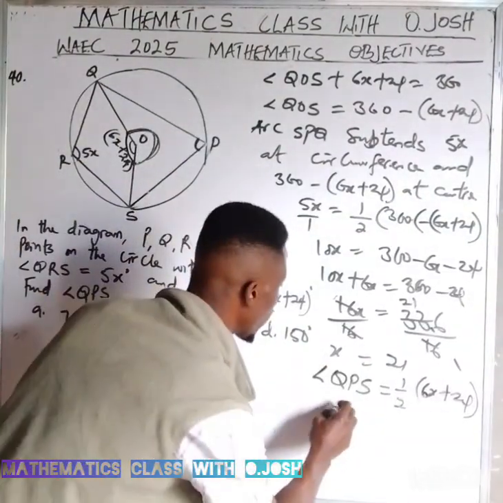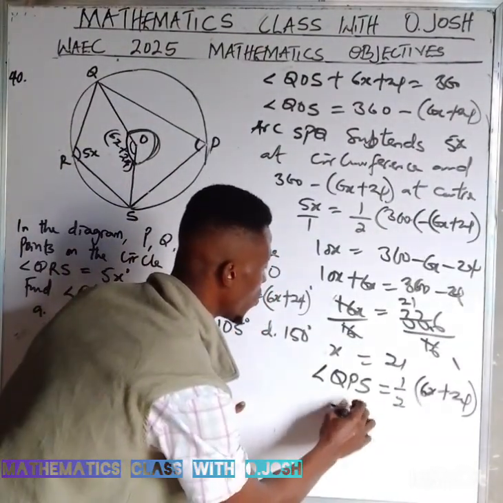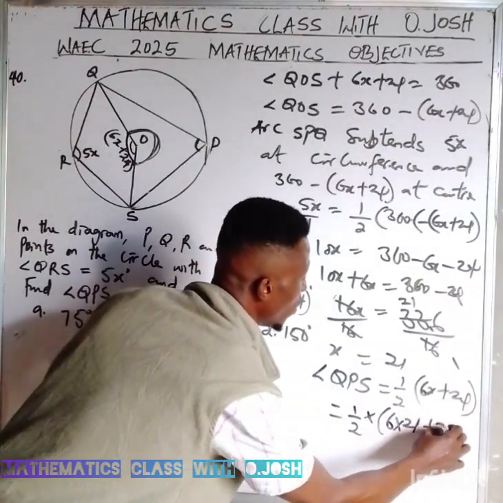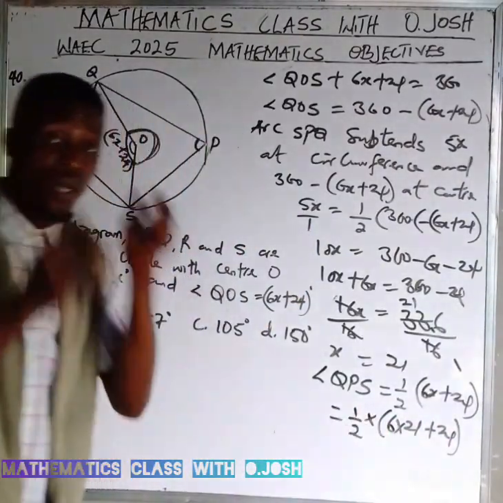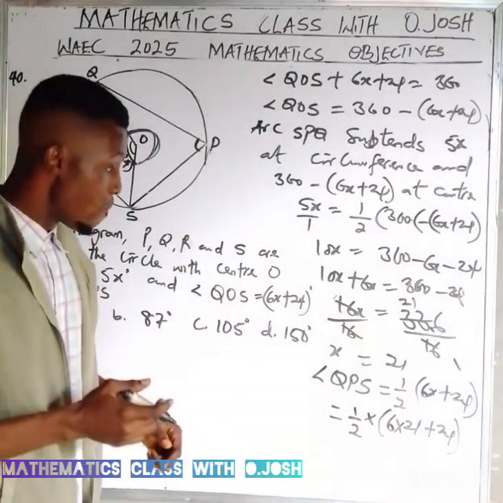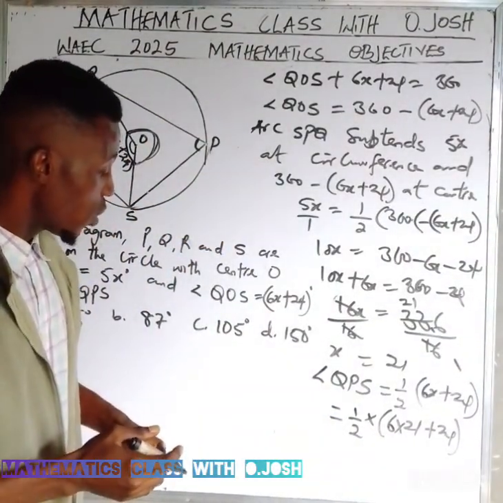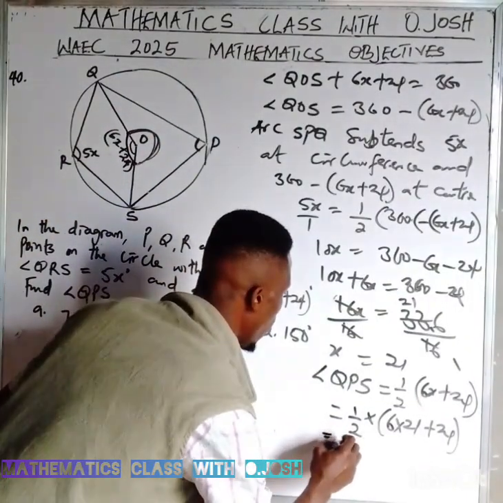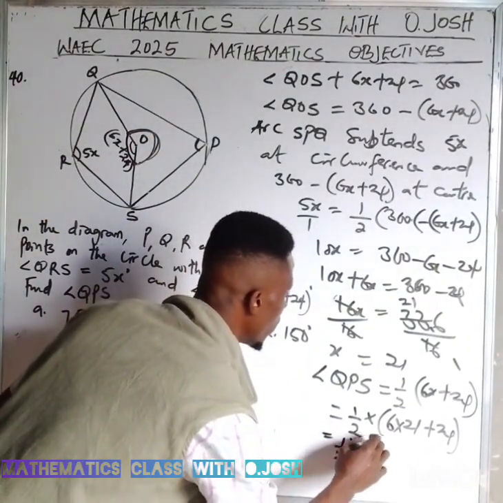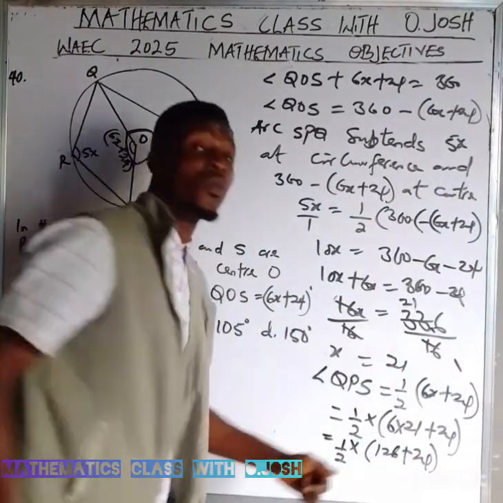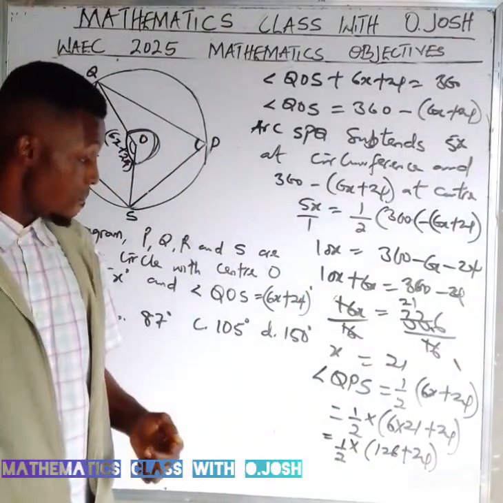So just to put, angle QPS is equal to half times (6 times 21 plus 24). And 6 times 21, let's see. 6 times 20 is 120, that's 126. So then we have half times (126 plus 24). 126 plus 24 gives us 150.